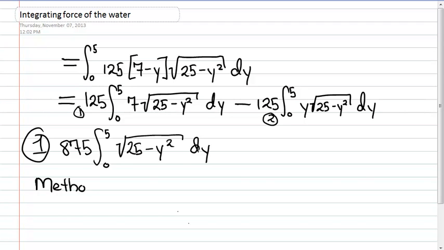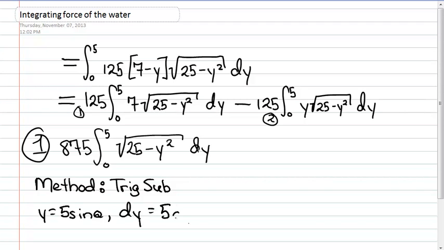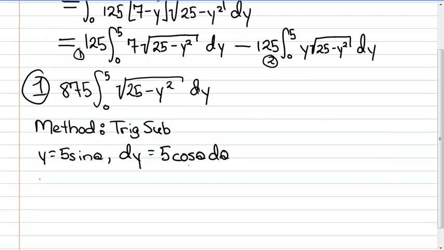Looking at this, we know that our method of integration will be trig sub. So knowing that we're going to be doing a trig sub, we're going to substitute 5 sine theta for y, and our dy is going to be equal to 5 cosine theta d theta. When we do our substitution, we're going to have 25 minus (5 sine theta) squared under the root.